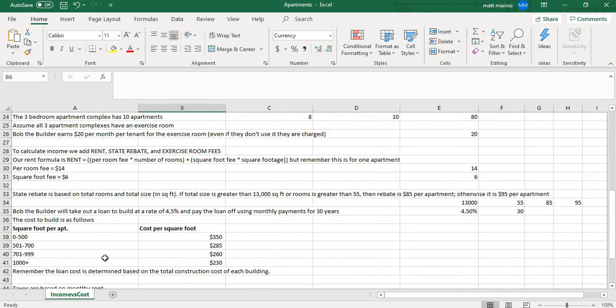To save time, I will tell you that $875 for our 1-bedroom is found within the $260 range, of $701 to $999, and our $1,200 and $2,500 are within our $230 price range.